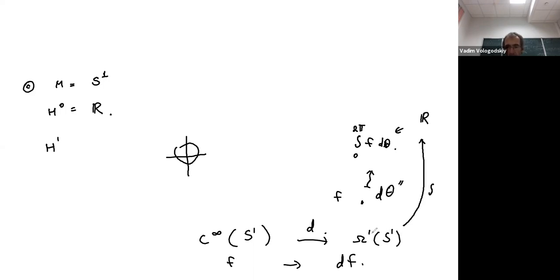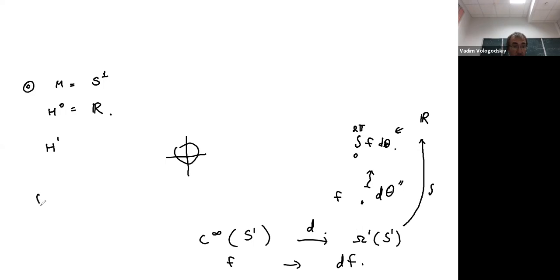So now I claim that if my form is the differential of a function, then this integral is going to be 0.